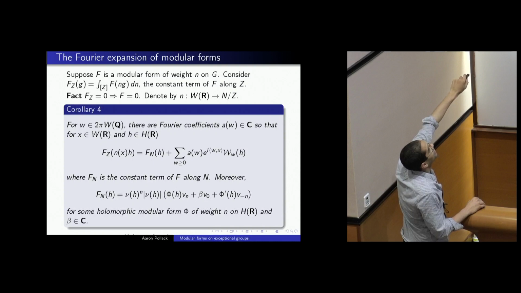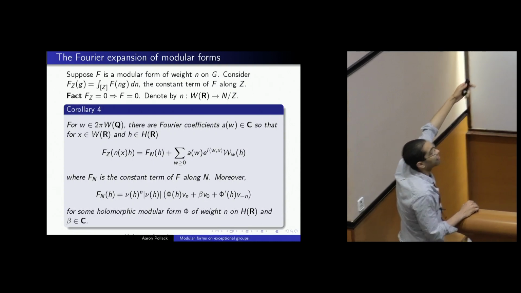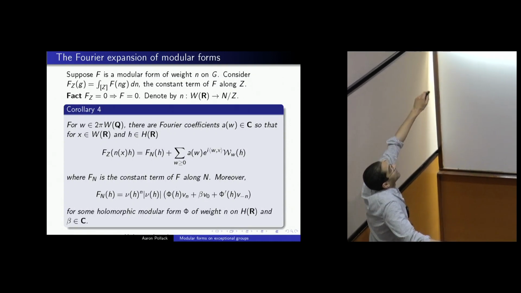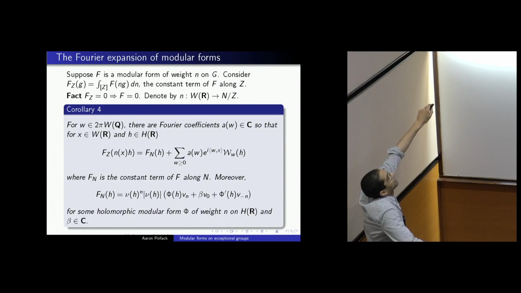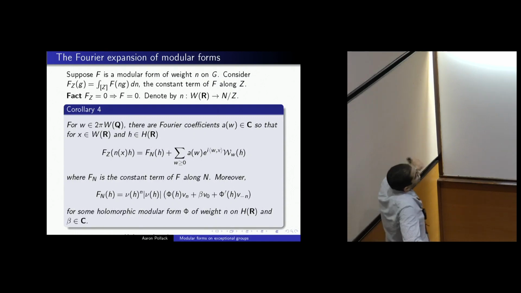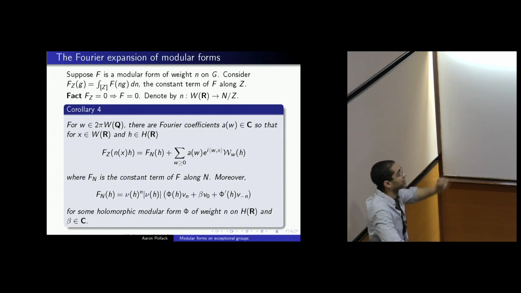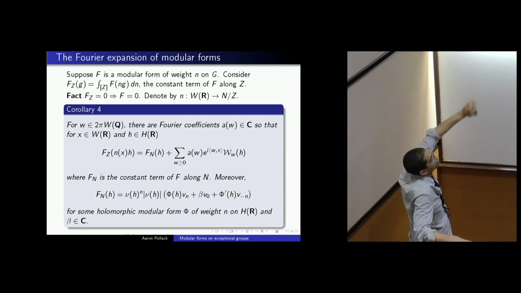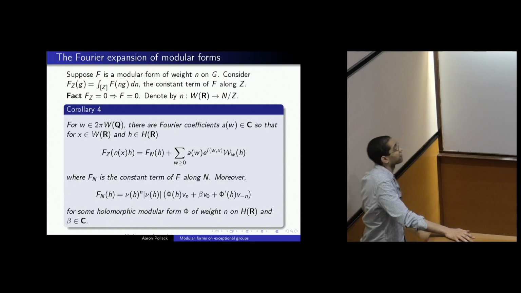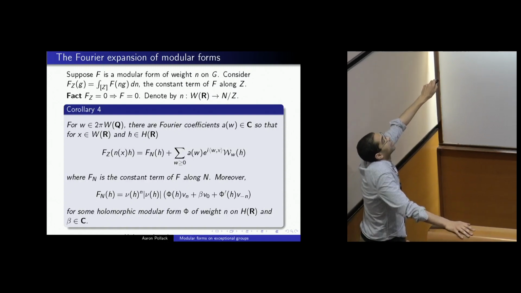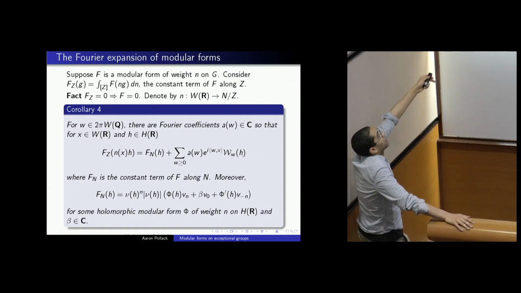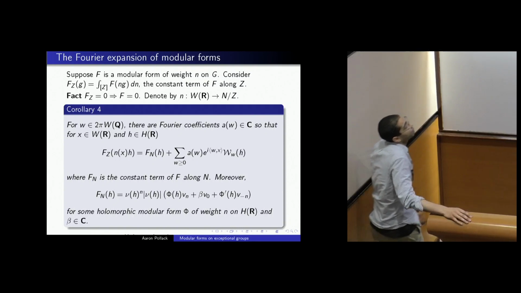And now take the center Z of the unipotent radical of the Heisenberg parabolic, and take the constant term of such a thing along Z. It turns out for precisely the groups that I'm discussing in this talk, so all these exceptional groups and all those SO(n,4)s for n at least 3, that this constant term is never 0, or precisely, if the constant term is 0, then the function was 0.